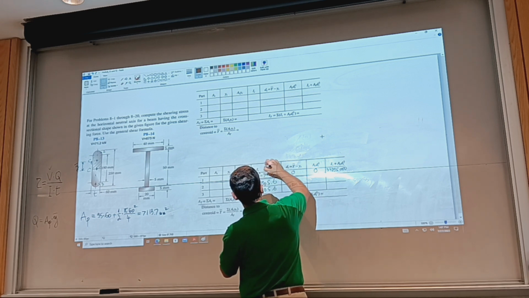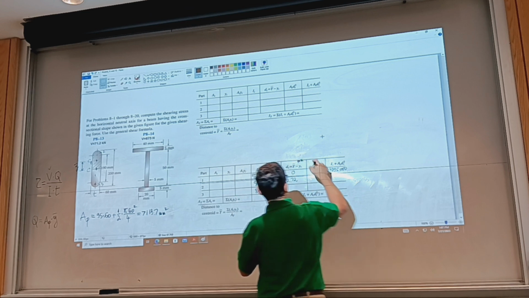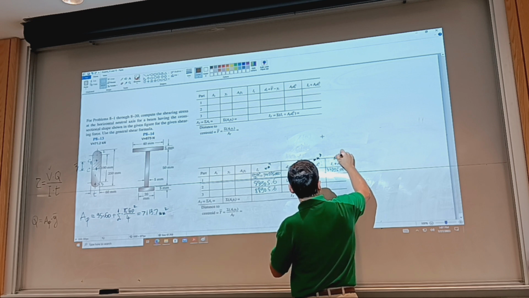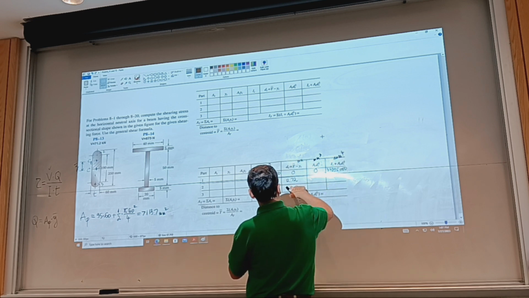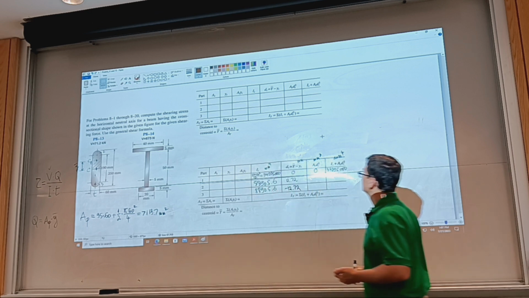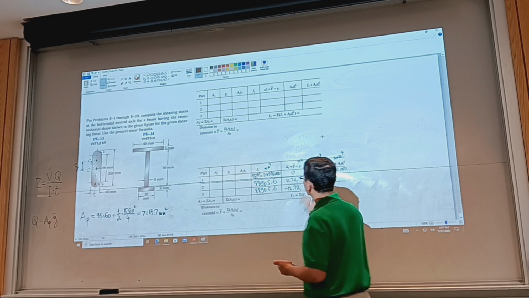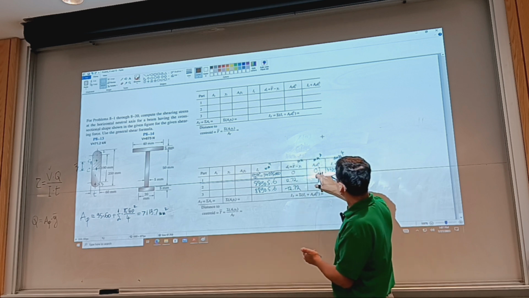Units are millimeters to the power 4 for this one, millimeters to the power 3 for this, and millimeters to the power 4 for this. And then the other one will be a negative number, but the same. We don't care once we square it. Okay, so now I can evaluate these products.